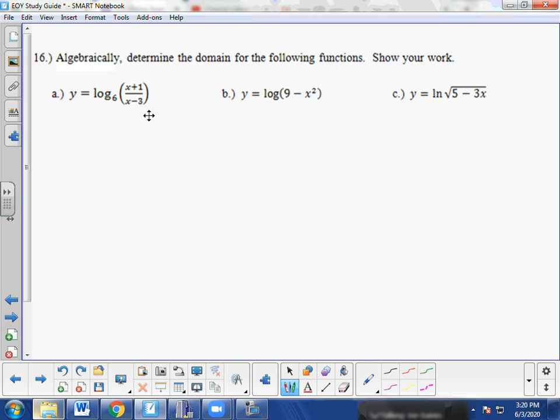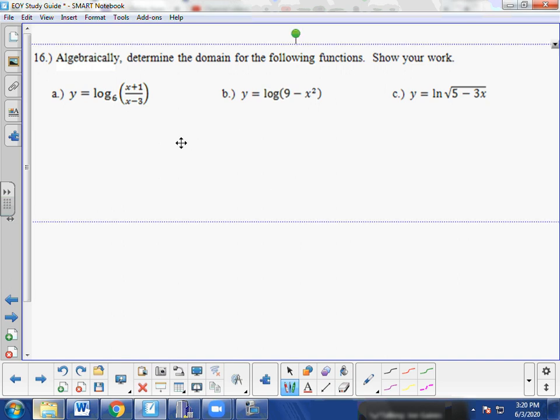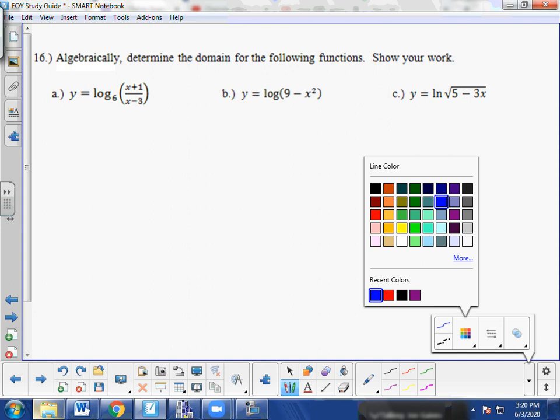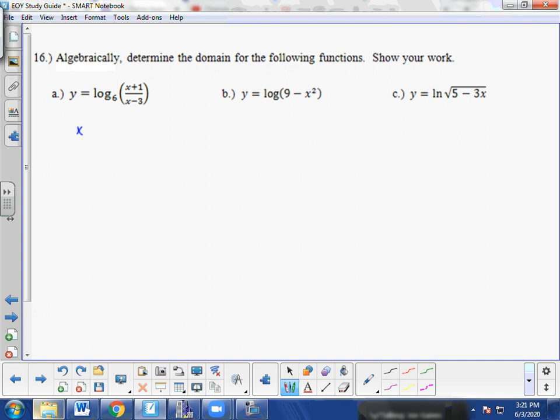So basically what we have to find out is where's the vertical asymptote. So essentially what we know with logarithms is we cannot have a negative input value. So if I take this function for a, x plus 1 over x minus 3, this value has to be greater than 0.